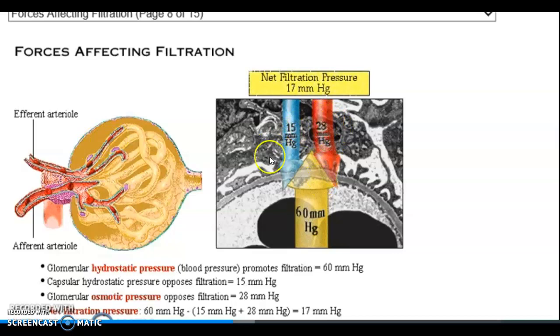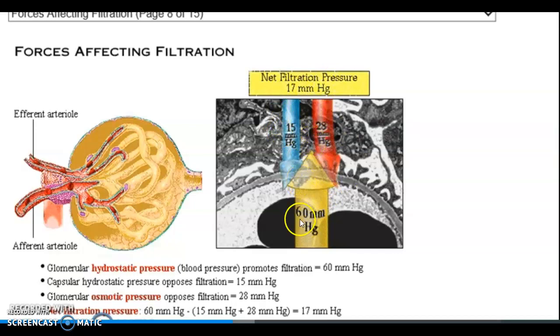If I add up those two, that makes 43. And if I take the difference between my 60 millimeters of mercury and my 43, it would be 17. So I have a net filtration pressure of 17 millimeters of mercury over what's opposing it.